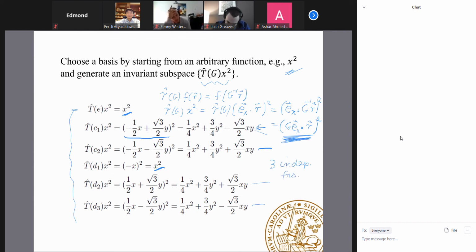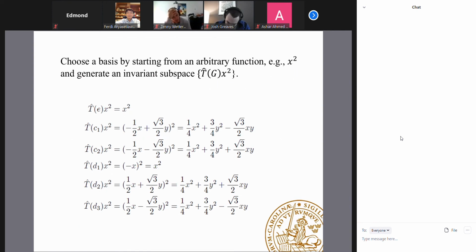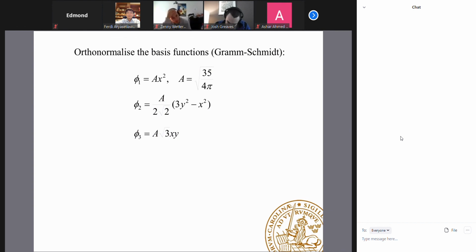So from these functions, we can normalize them. Something funny here with the files. It should be like this, I think.